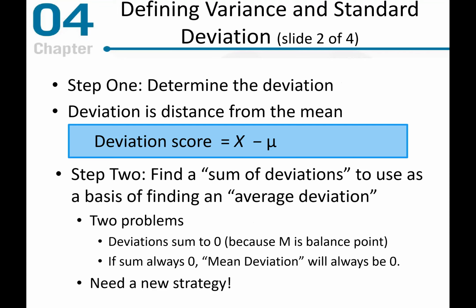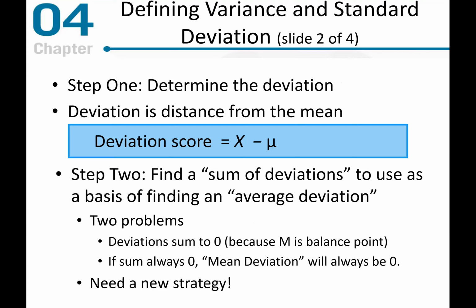So you get a deviation score. The deviation score is going to be the score minus the population mean. This assumes that you've already calculated the population mean. So you take each score and you subtract the population mean from it.